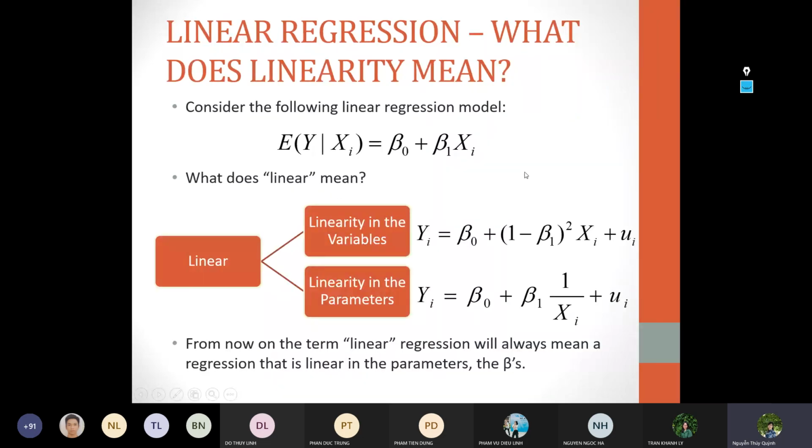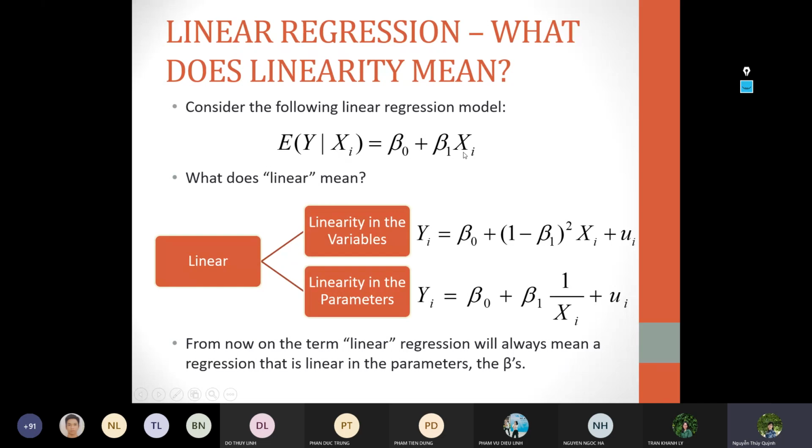So we talk a lot about the linear regression model. How can we understand the term linearity in the linear regression model? As we see, we have two components of a model, the parameters and the variables.